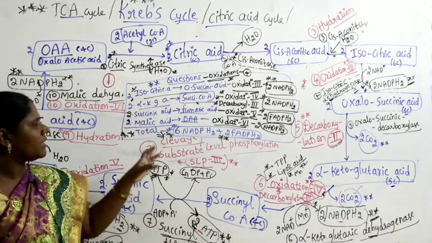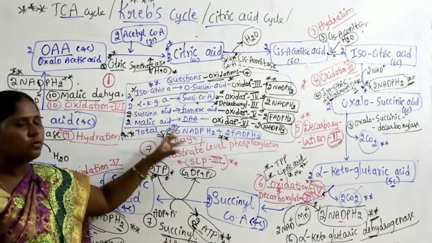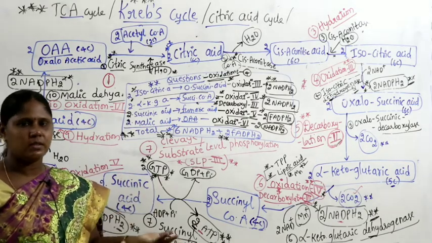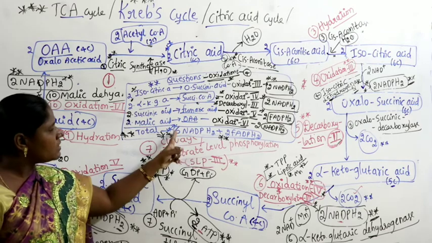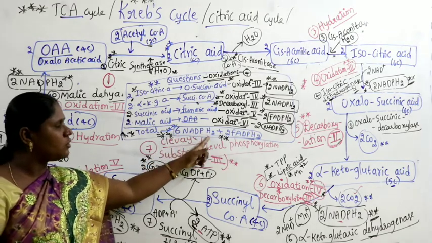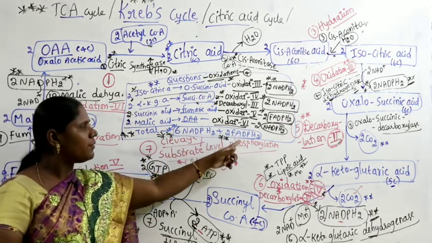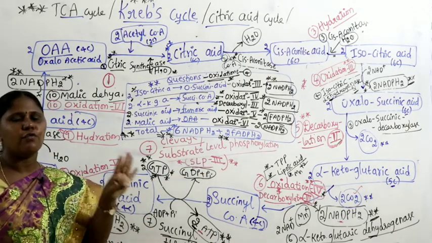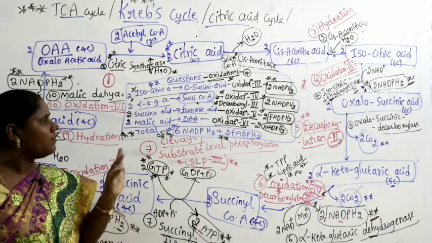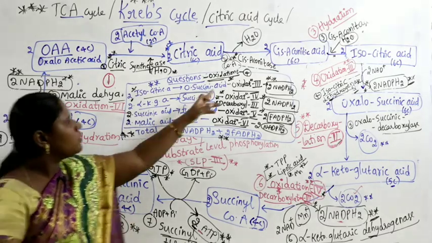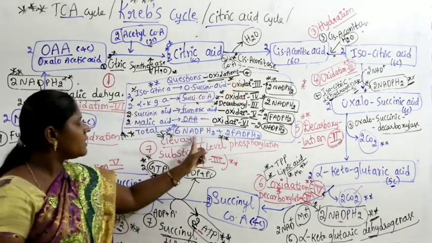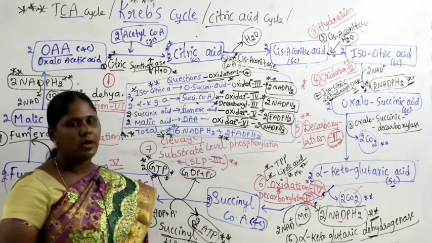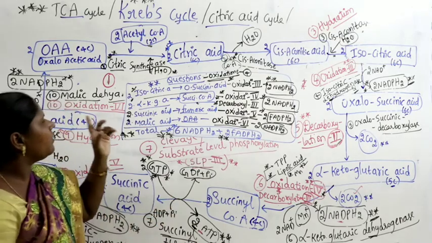So 4 oxidations yield 6 molecules of NADPH2 and 2 molecules of FADPH2, very important.